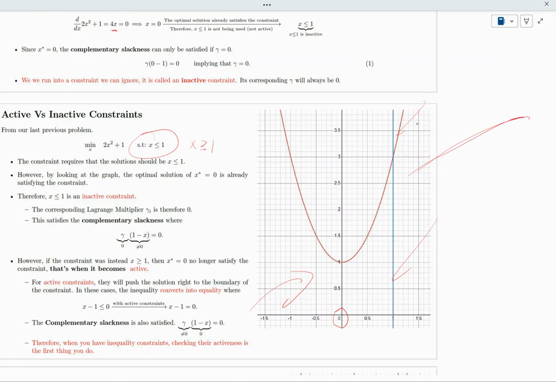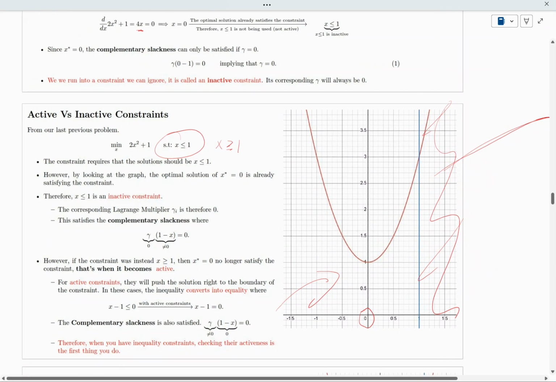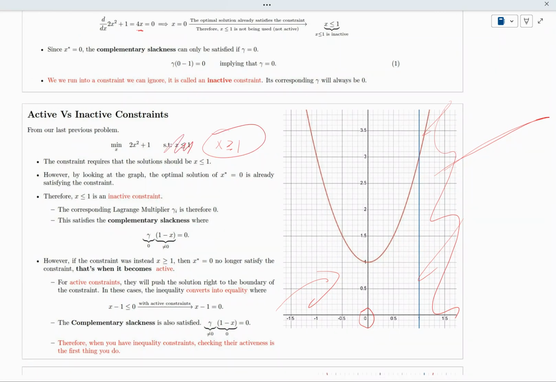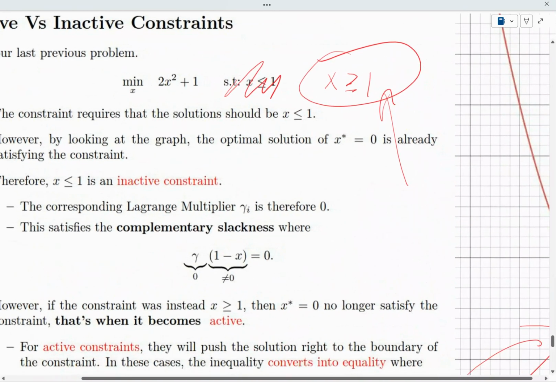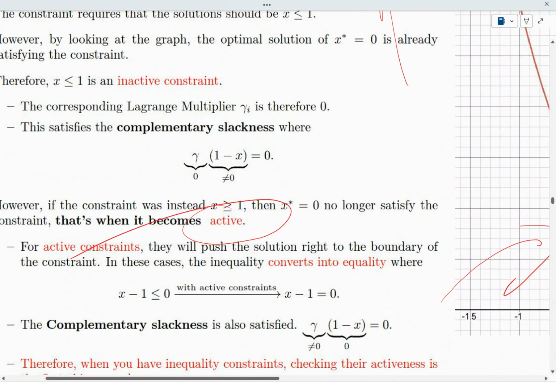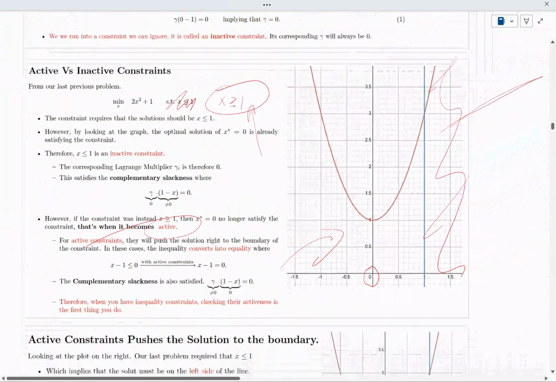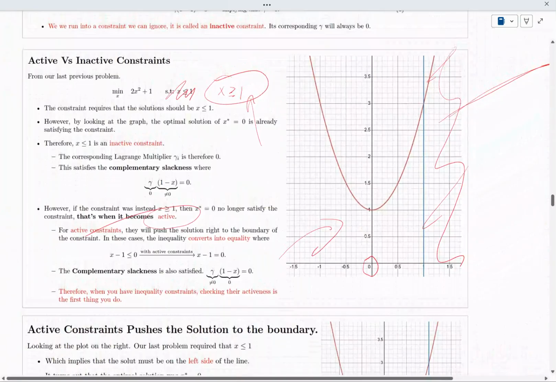We want to be somewhere in this area. In those cases, if the constraint changed to x greater than 1, this will be considered an active constraint. It becomes active.